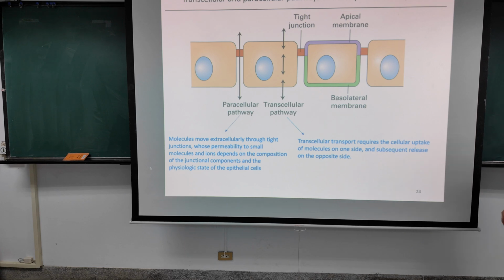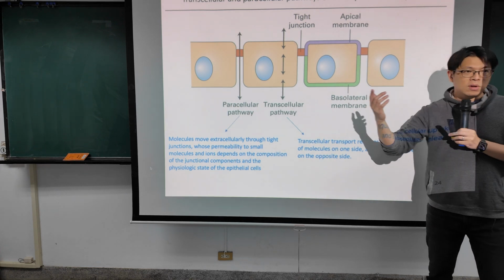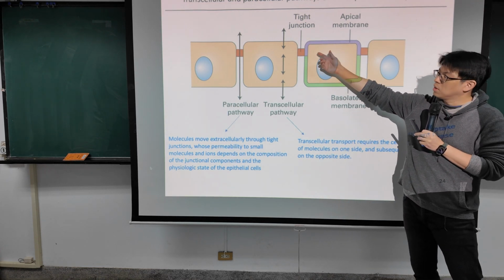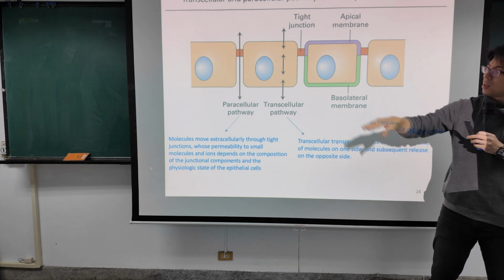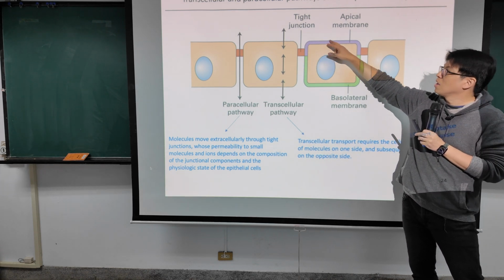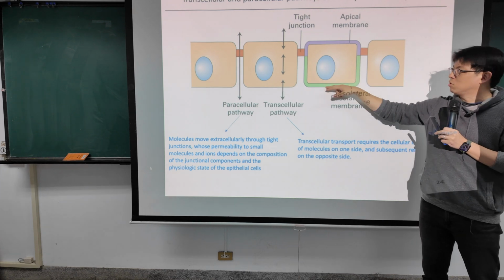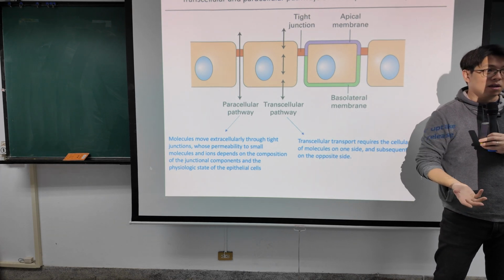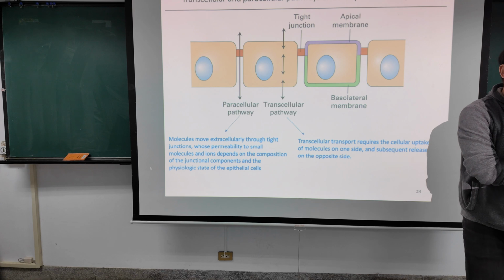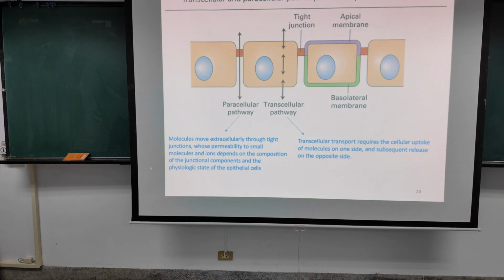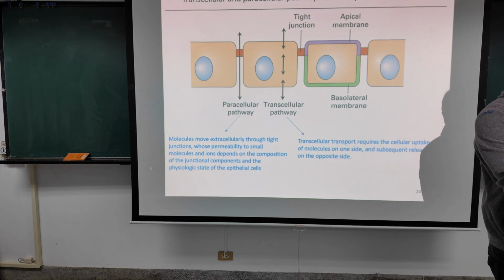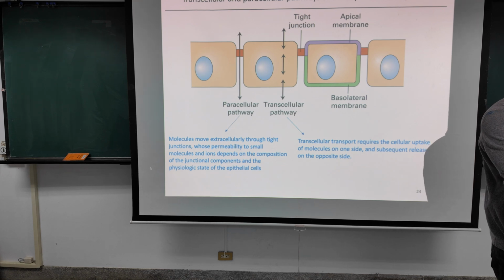Okay, so I would like to ask you one question. As I mentioned, based on the definition, the membrane proteins and lipids in the apical side and the basolateral side are different, right? How to prove this? If I ask you to design an experiment to prove this, how would you do that?